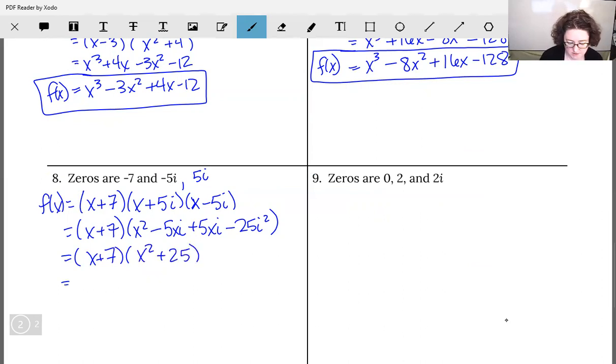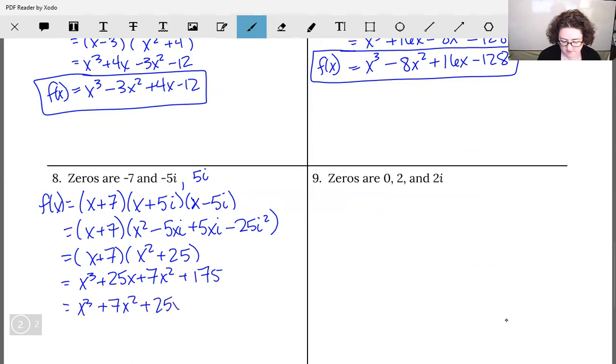Distributing out, we have an x cubed plus 25x plus 7x squared plus 7 times 25, a large number, 175. And then rewriting in descending order to have our perfect standard form, just flip-flopping our x and our x squared terms. And there is our function.